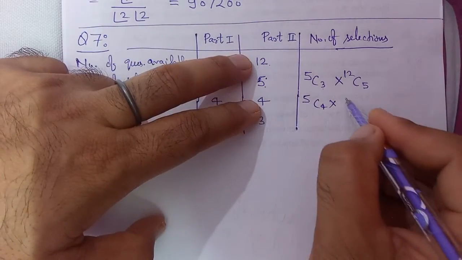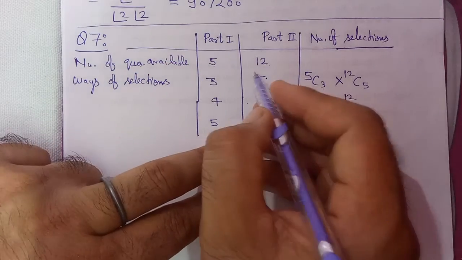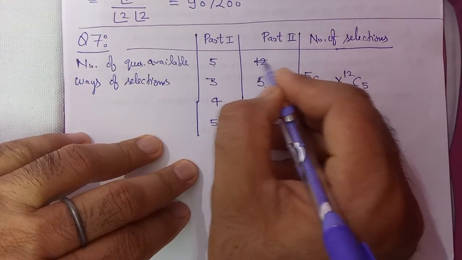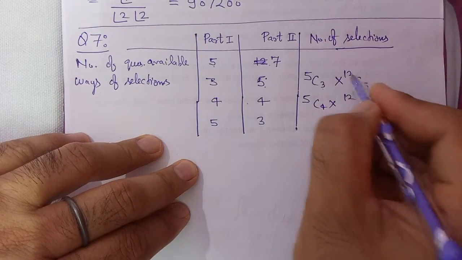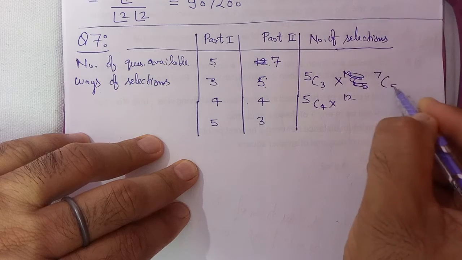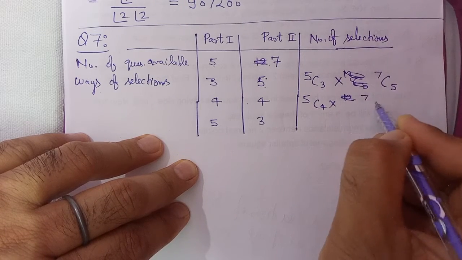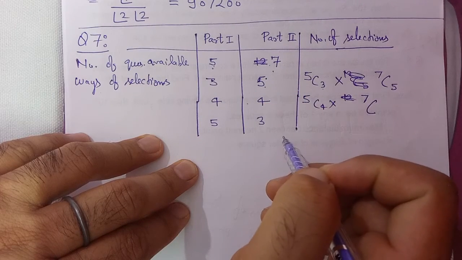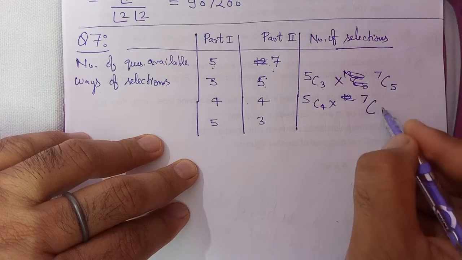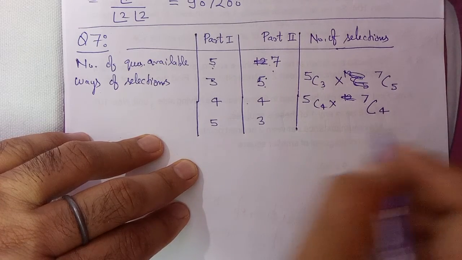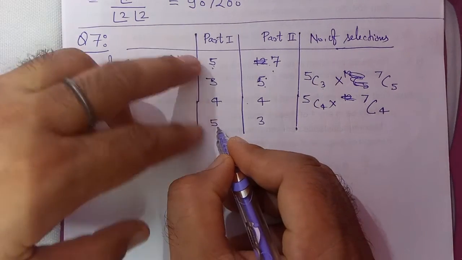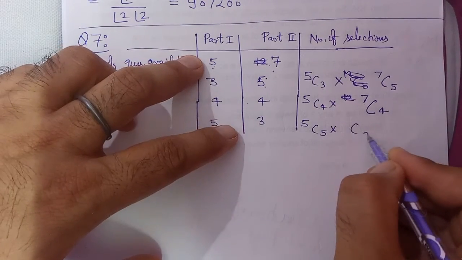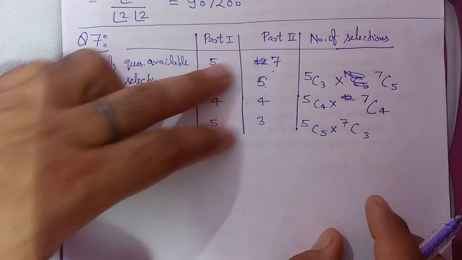The second part has 7 questions, total 12 having 5 and 7. Selection of 4 out of 7 is 7C4. Similarly, selection of 5 out of 5 is 5C5, and selection of 3 out of 7 is 7C3.